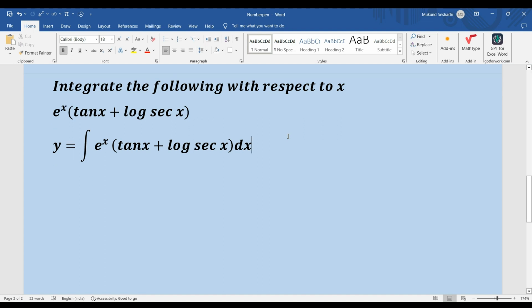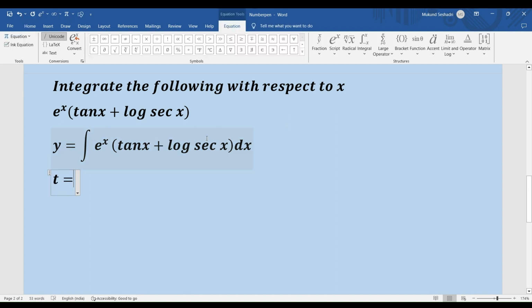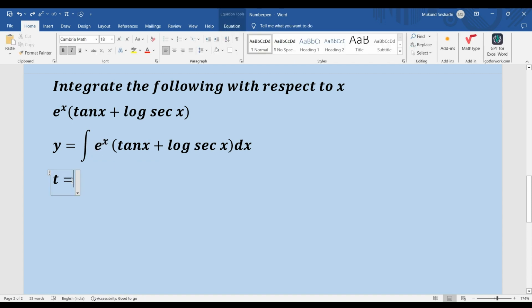And you also should remember that d by dx of e to the power x is always e to the power x, right? So let's assume I make a substitution t equals e to the power x into log of secant x, right? And you'll slowly understand why we are doing this particular substitution. So let me assume t equals e to the power x times log of secant x, right?